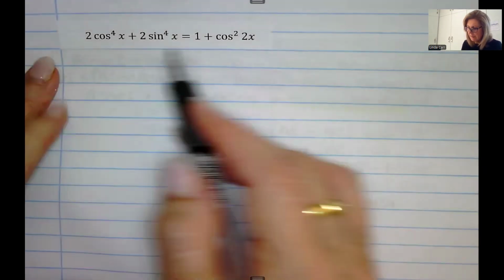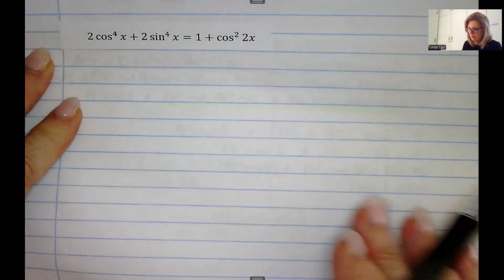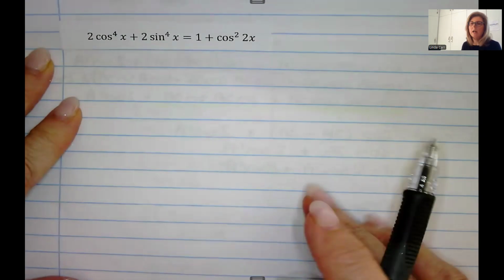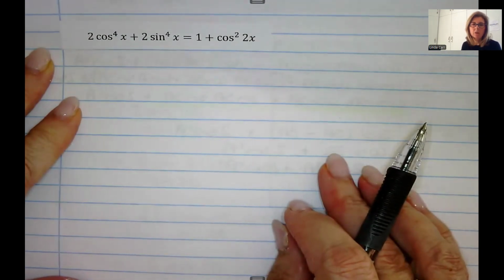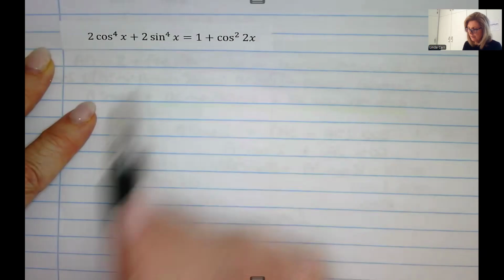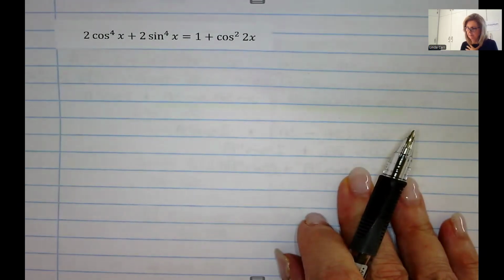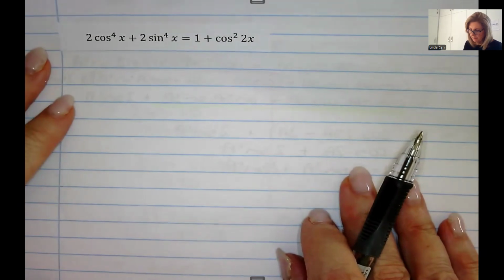Okay, this is quite an unusual looking question. So on the left, we've got cos to the 4 and sine to the 4. And those are single angles, and on the right, we've got a cos squared, and it's a double angle. So it's a little bit difficult to decide which side to work with.